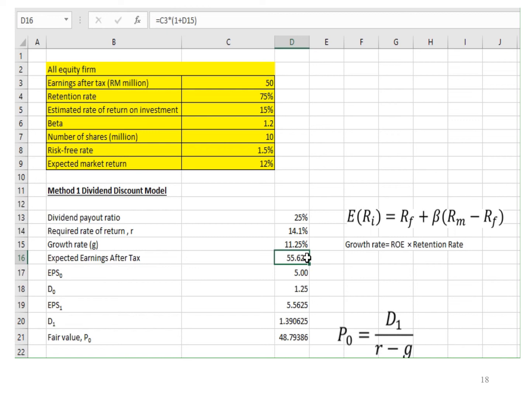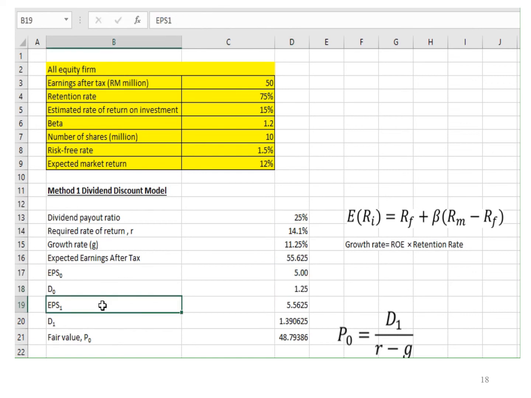Next, I'm going to calculate the earning per share. The earning per share is calculated by the earning after tax divided by number of shares outstanding. The dividend for last year, D0, is equal to last year earning per share multiplied by dividend payout ratio of 25%.